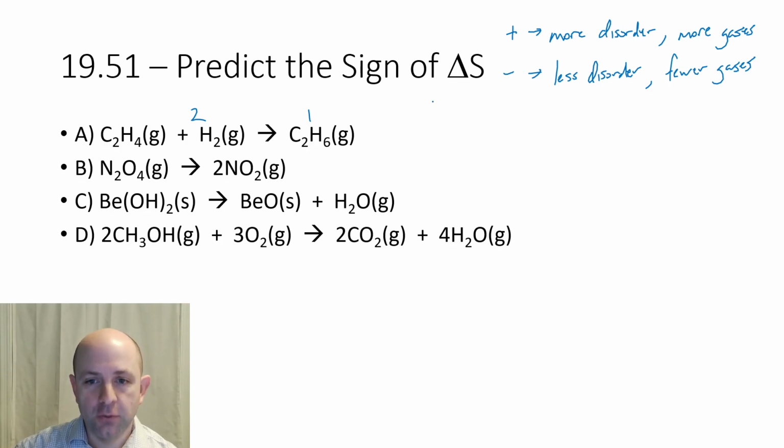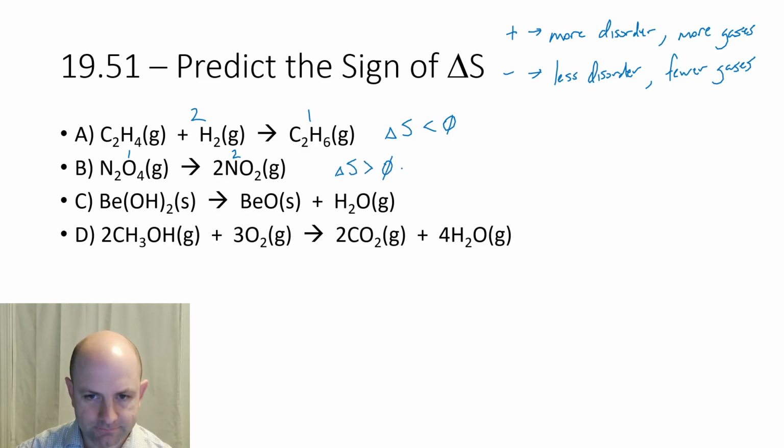We now have fewer, so our delta S will be less than 0. It'll be negative because we've lost gases. We've lost disorder. For B here, we're starting with one gas, but because of balancing we're ending up with two. We now have more gases, which means more disorder, so this delta S will be positive.